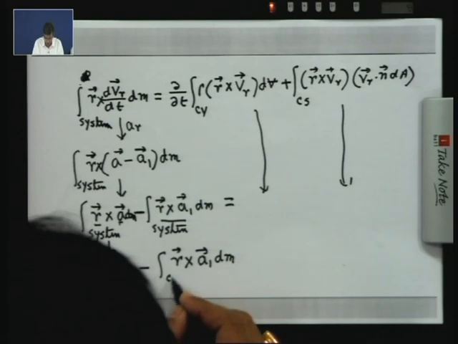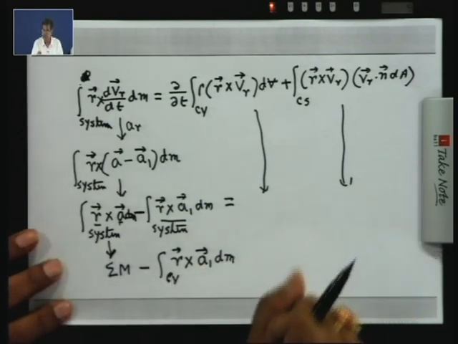Now we write this for the control volume with the same logic, that when delta t tends to 0, as I have told again and again in the derivation of the Reynolds transport theorem, whatever happens to a system happens to a control volume, since the system and control volume coincide.